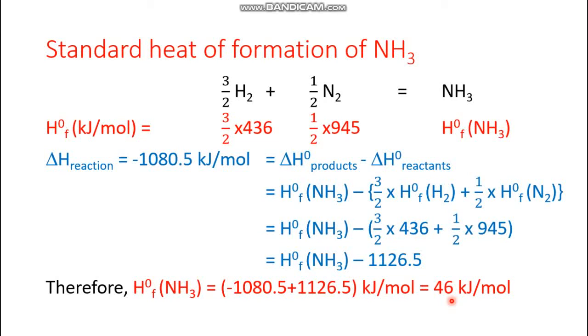This way we can find the standard heat of formation of any substance, as we have done for ammonia here and previously for carbon monoxide. Also, as a part of your practice, you can do the same for carbon dioxide, water, H2S, HCl, etc.